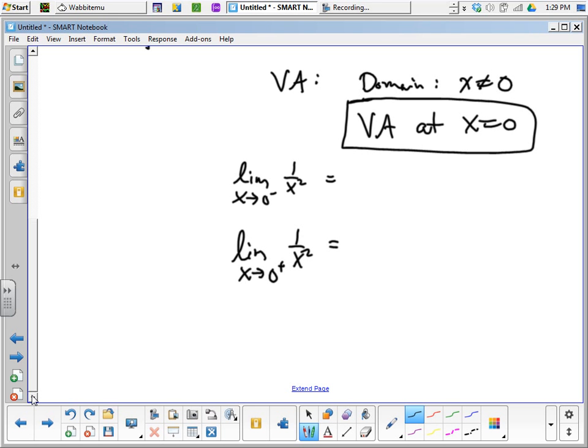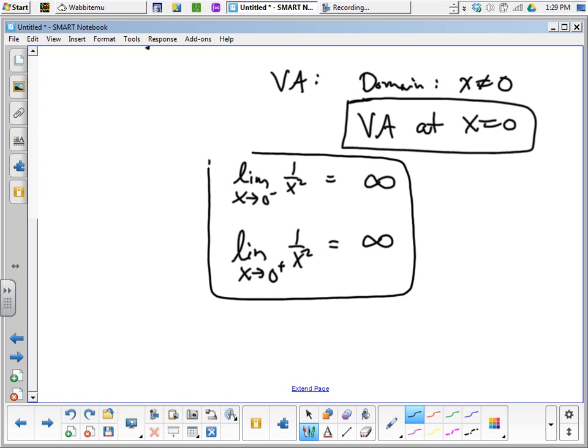That was the instructions. Okay, well the graph, you can see, looked like a volcano. It was going to infinity on both sides of 0. So that's the answer. So we found the horizontal asymptote, and we found the vertical asymptote, and we described the behavior on either side using limits. Okay, let's go to the next example.